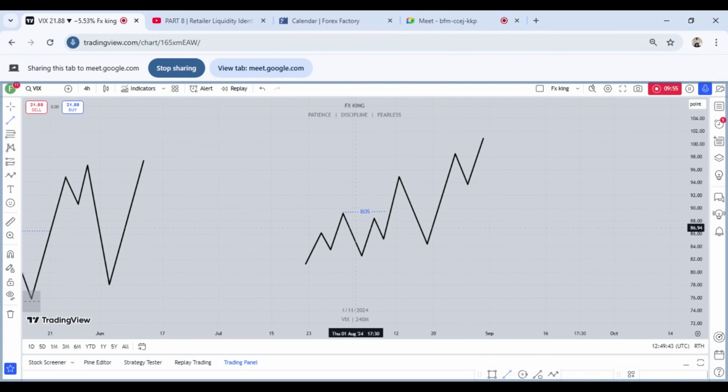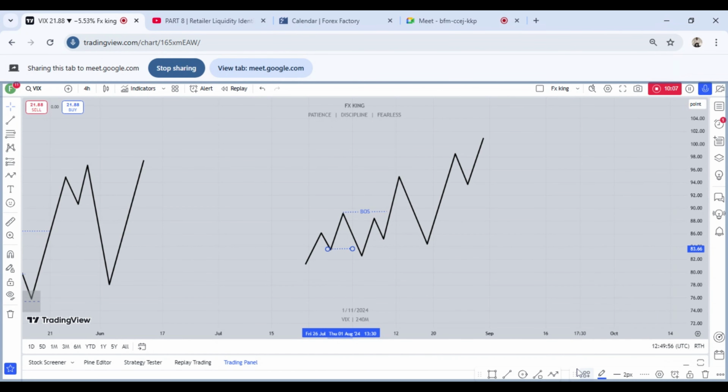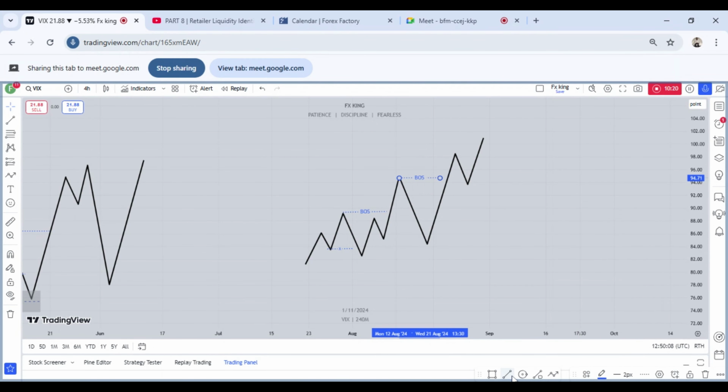This break of structure is only possible after the market has taken out this inducement, right? So this is our inducement level here. And then we also have another break of structure here. This break of structure is possible after the market has taken out inducement, right? That's what I've taught you.